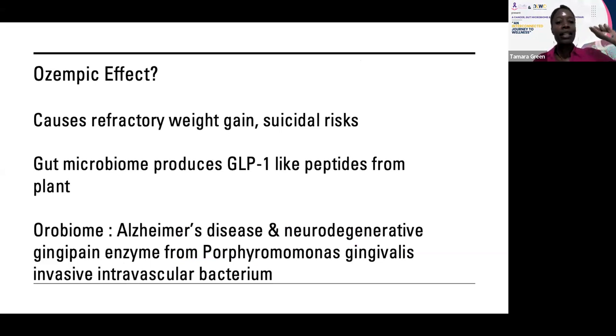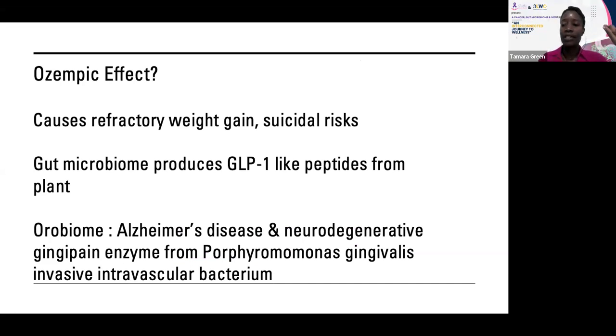But there is a continuation of that effect because Ozempic is not like a diabetic or a hypertensive pill. It has to be stopped. And when it is stopped, it causes refractory weight gain. That means you go back to gaining weight, and sometimes this weight gain is resistant.